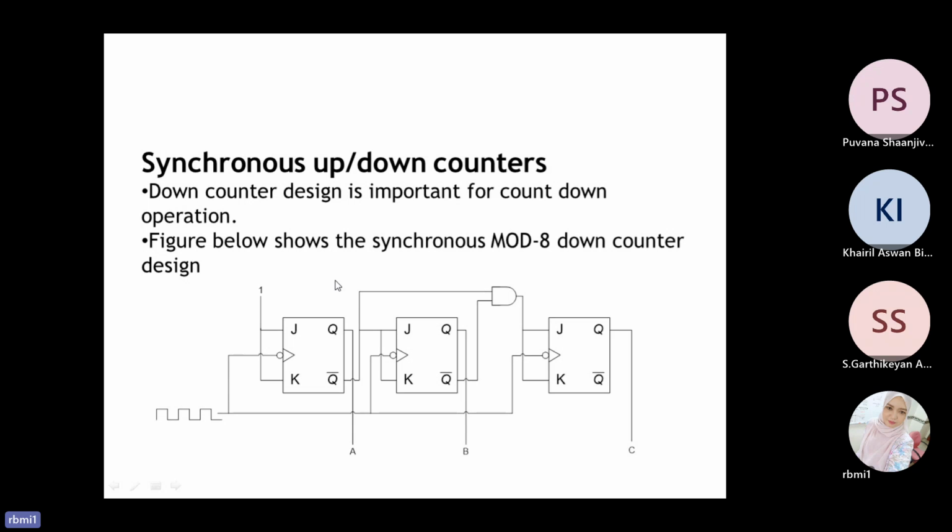For an up counter, the count sequence starts at 0 and increases by 1 with each clock pulse. For a down counter, it starts at a predetermined value and decreases by 1 with each clock pulse. That's the difference between up and down counters.